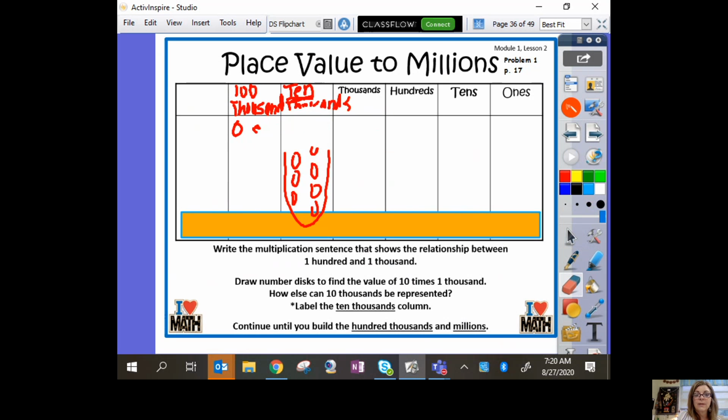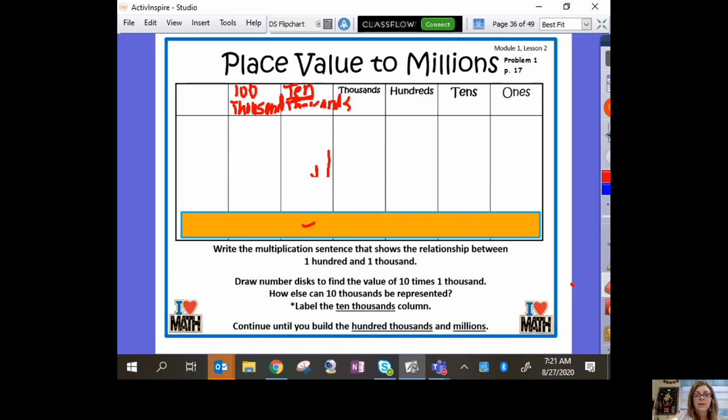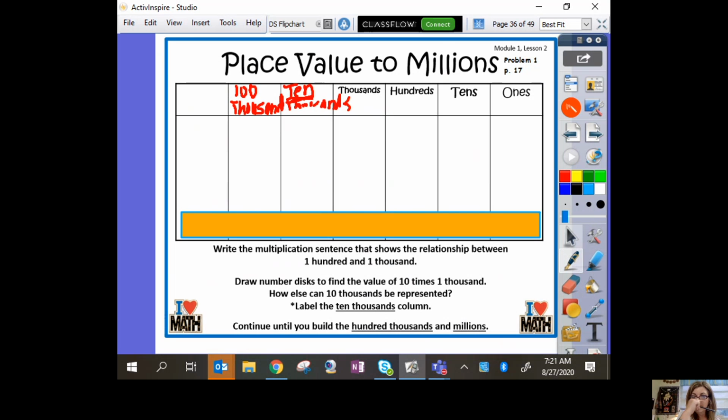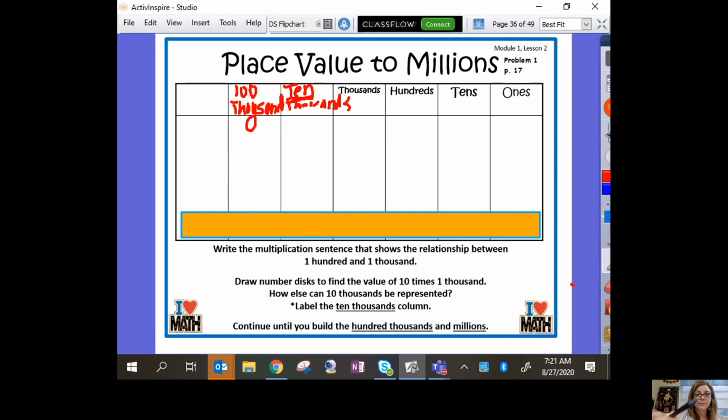All right, now let's continue with that same pattern. I'm going to erase here so I don't lose all of my headers. Now if I have 100,000, I'm going to multiply it by 10. There's 1, 2, 3, 4, 5, 6, 7, 8, 9, 10.